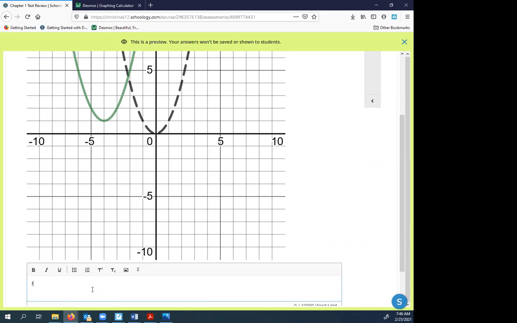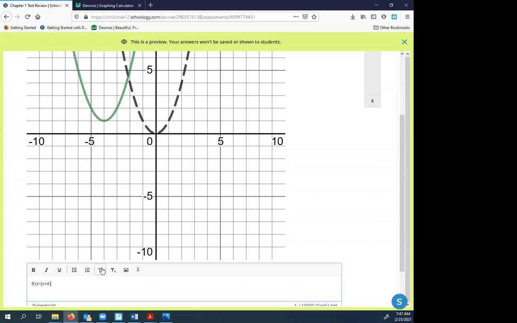So I can say f of x. Now this doesn't flip or stretch, so I don't need to do anything in front. That's just going to be equal to, now if I'm going left 4 units, that's going to be an x plus 4, close parentheses.